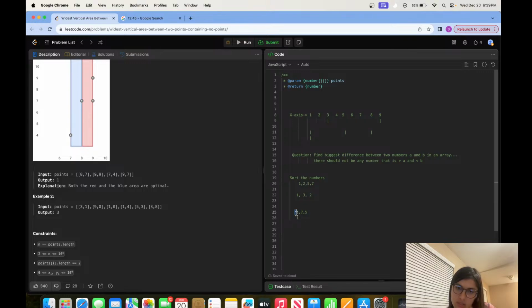For 2 7, I need to check if there is any number that is greater than 2 and less than 7. Suppose there is 1 1 1 1 1 and then 5.